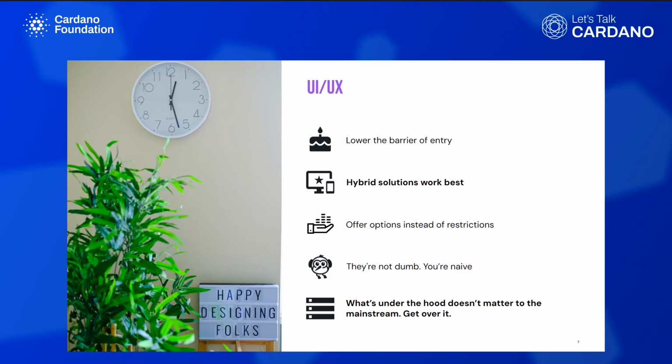Hybrid solutions work the best. By that, I mean more on the technical side. Again, not everything needs blockchain. We need to be able to utilize Web 2 and Web 3 and just everything together. And you really use the blockchain where it's needed. In the case of Palmyra, the blockchain was needed in traceability. It made sense in credentials and certificates.